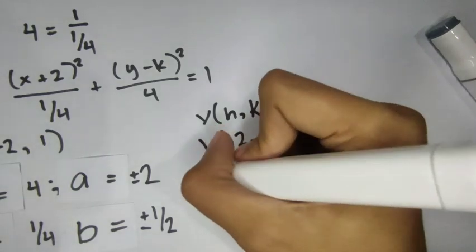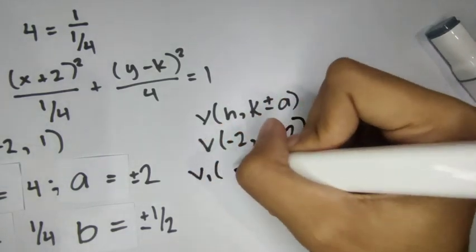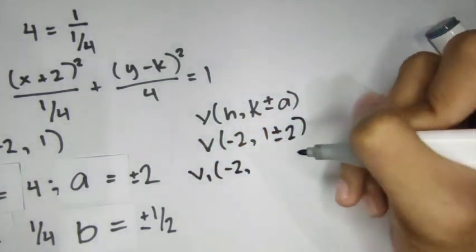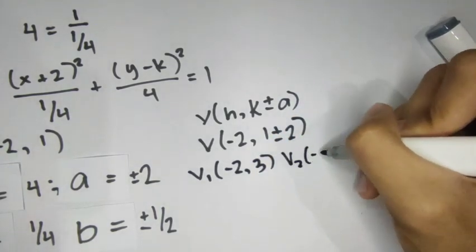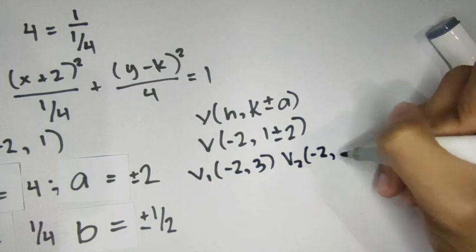So our vertex 1 will be negative 2, comma 3, and our vertex 2 is negative 2, negative 1.